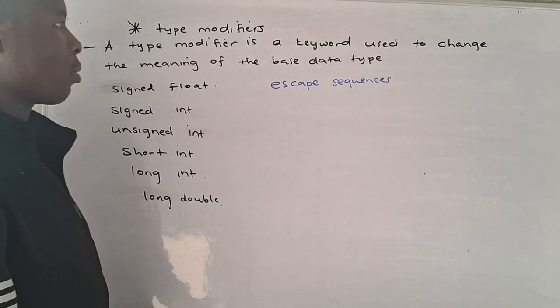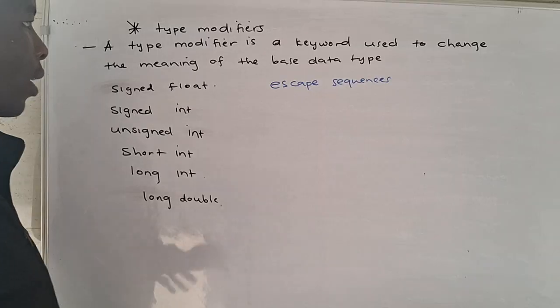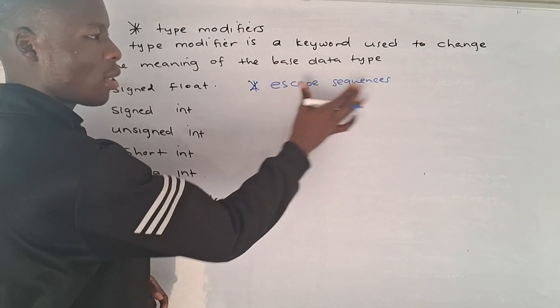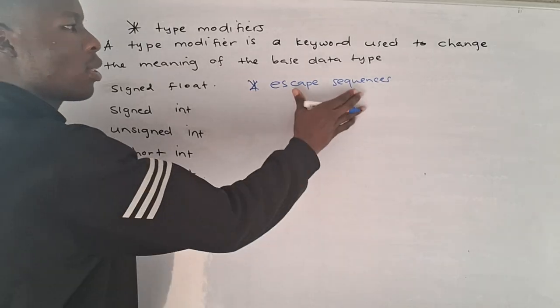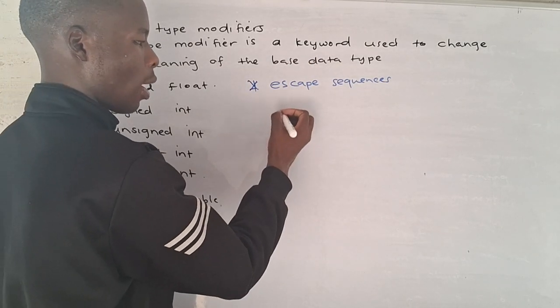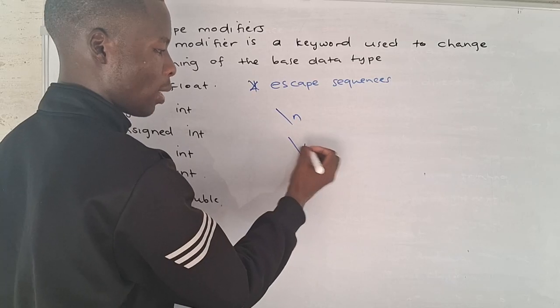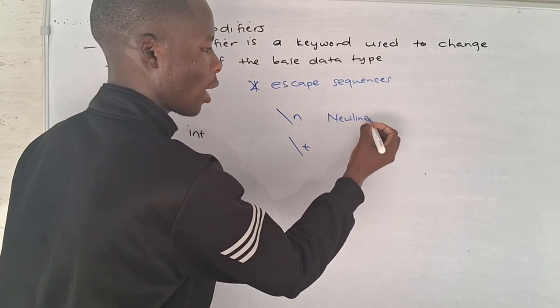In today's class, we are going to discuss type modifiers. Don't forget, in the previous class, we discussed escape sequences. We have backslash n. We also have backslash t. What is this? This is the new line character.